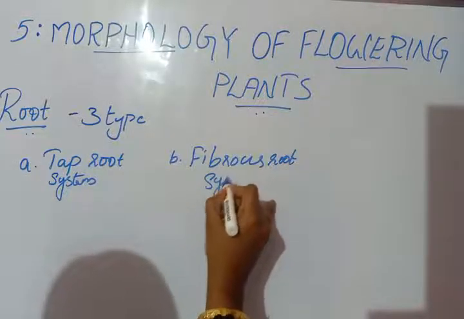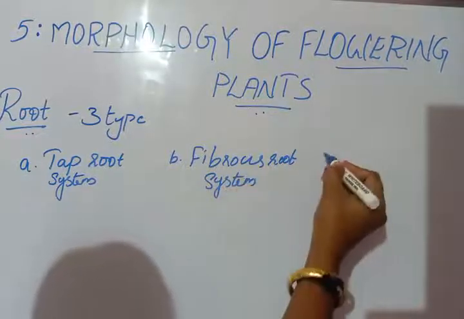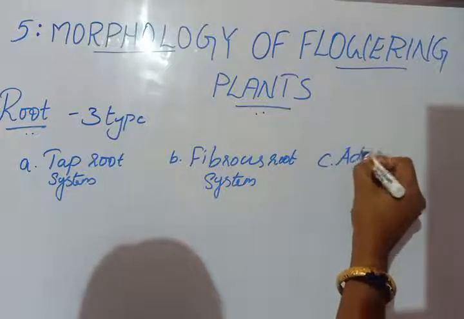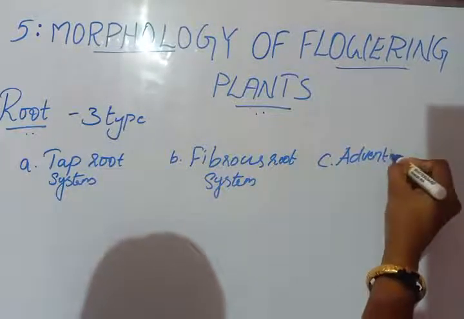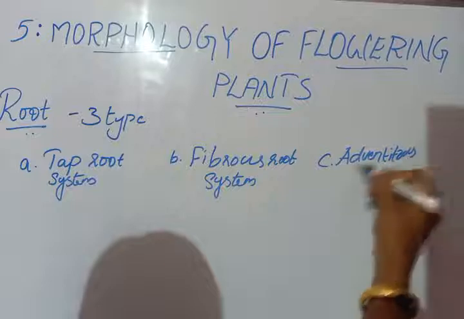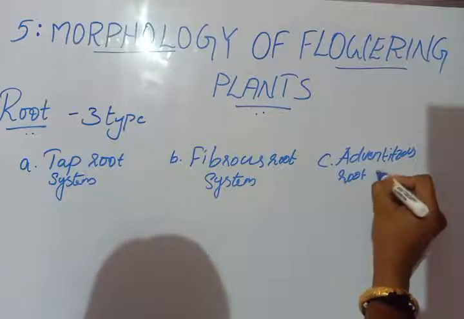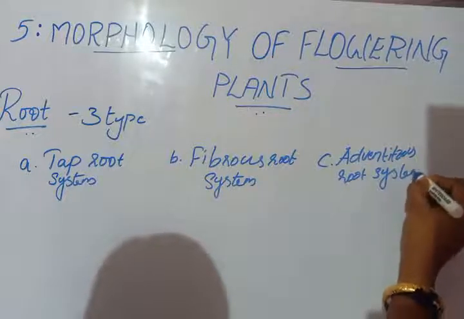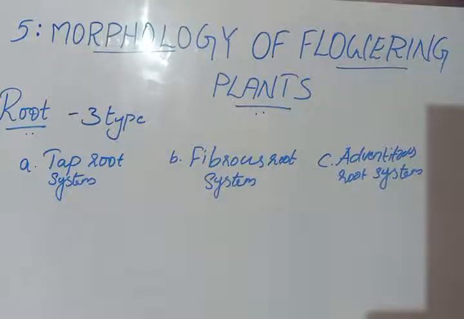Finally, adventitious root system. Taproot system, fibrous root system and adventitious root system are the three types of root system.